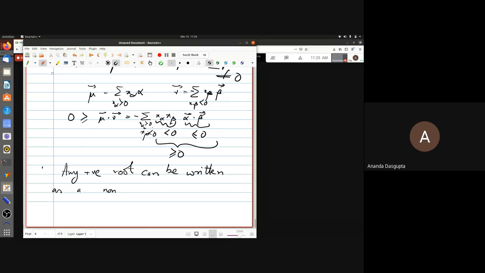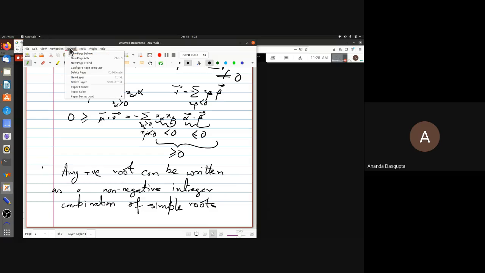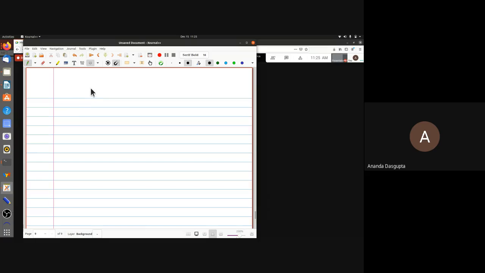Any positive root can be written as a non-negative integer combination of simple roots.